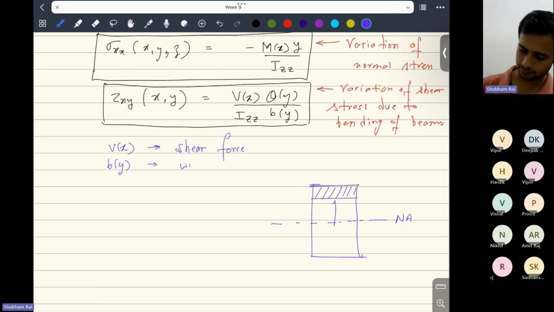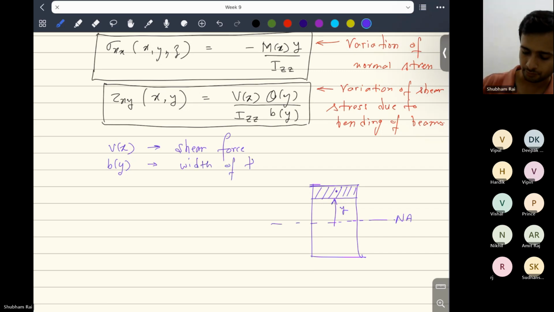The shaded region is at a point y from the neutral axis, and this is the centroid of the shaded region. V(x) is the shear force acting on this cross section, and V(y) is the width of this shaded region.